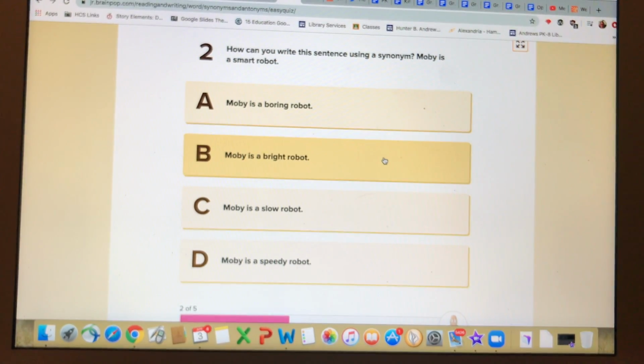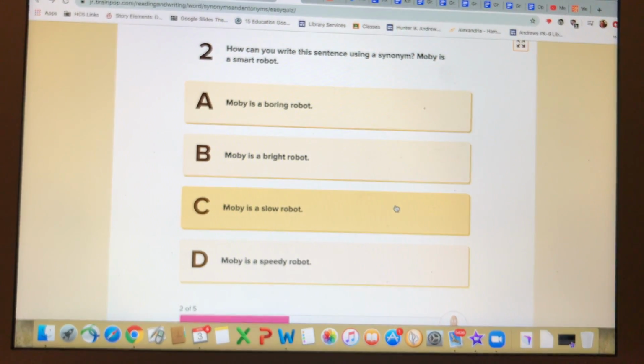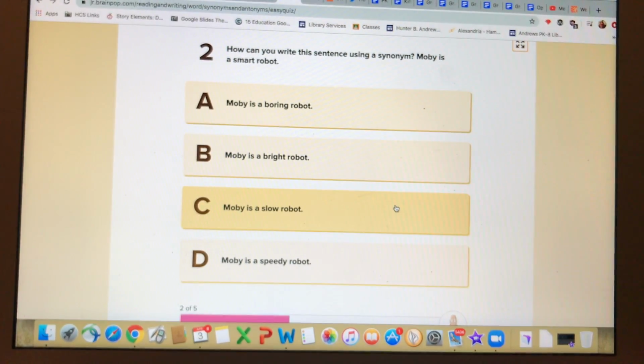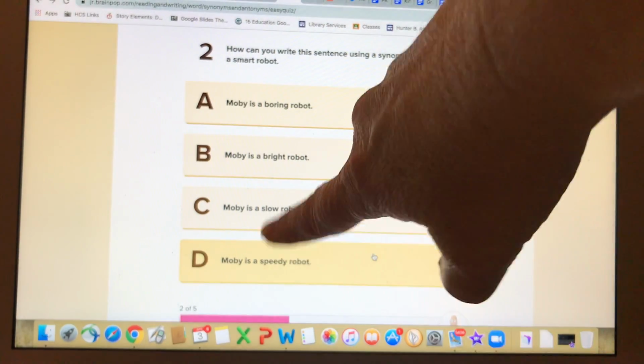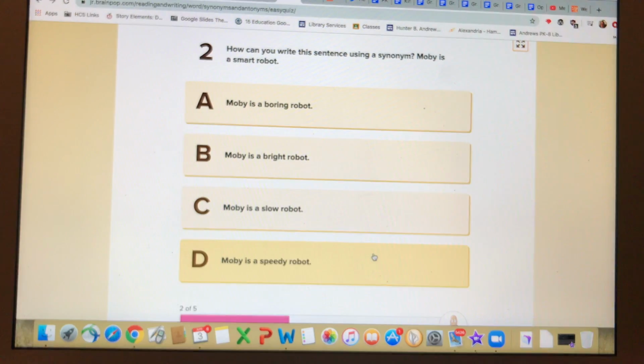Moby is a bright robot. Maybe, but let's keep looking. Moby is a slow robot. No, slow does not mean the same as smart. Moby is a speedy robot. No. Slow and speedy are antonyms of each other.